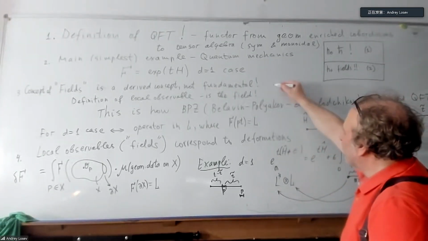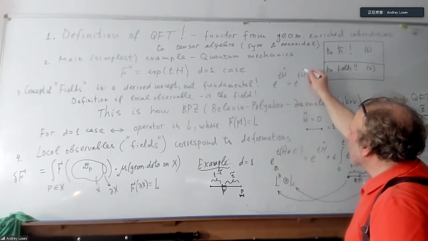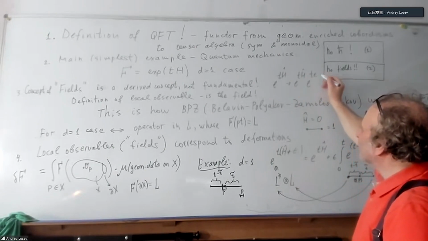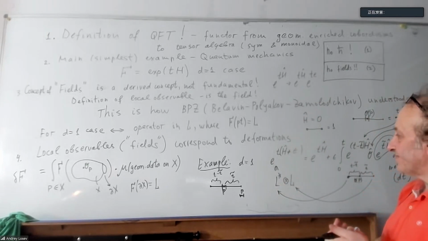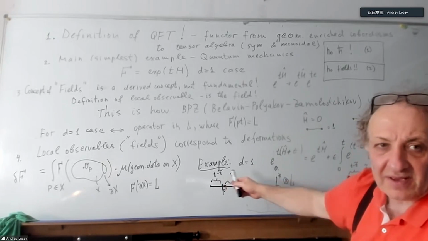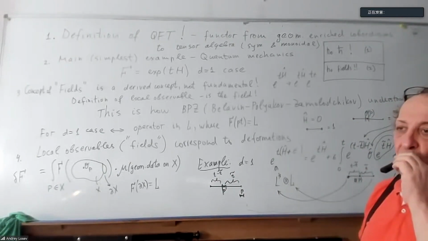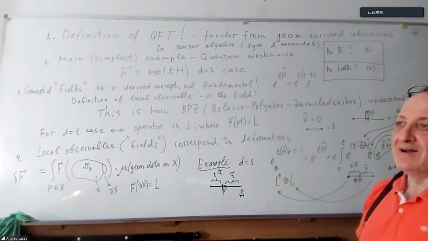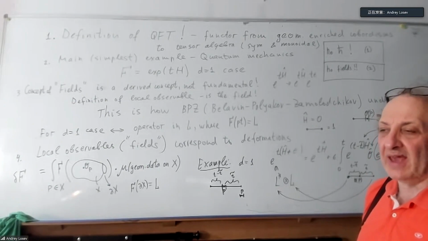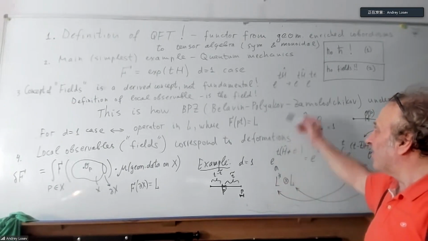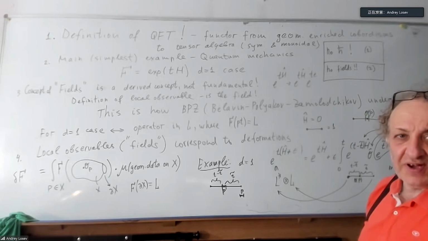Because in this case, e to the th would go to e to the th times e to the t epsilon. So it is a deformation. So putting in identity and integrating is a deformation. So later on, when we come to more examples in quantum mechanics, we will say that this is the zero energy deformation. You are shifting the Hamiltonian by epsilon.